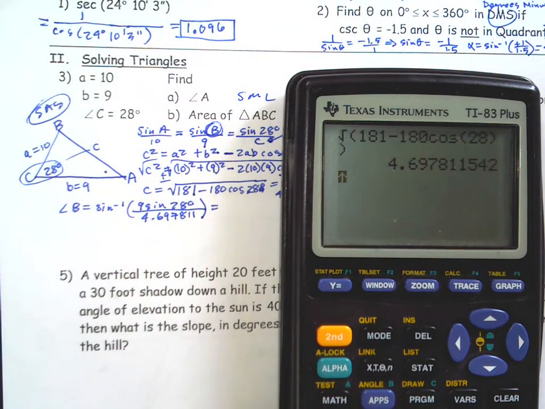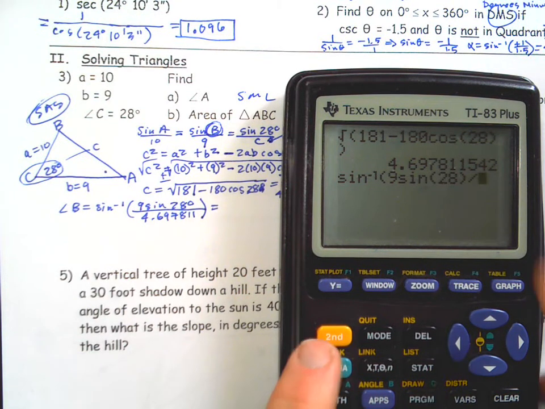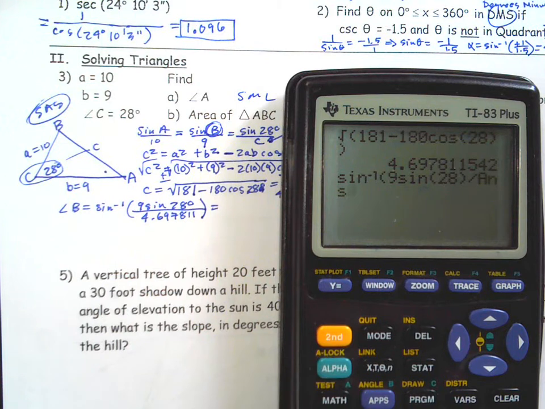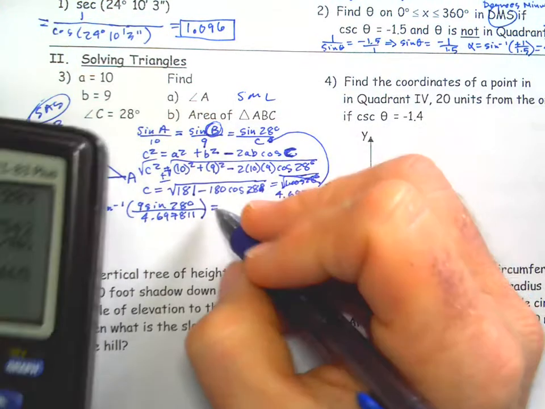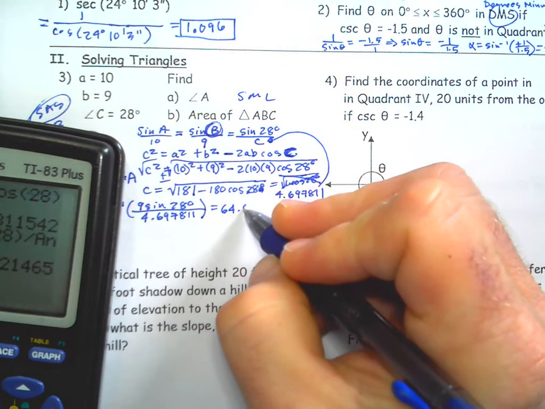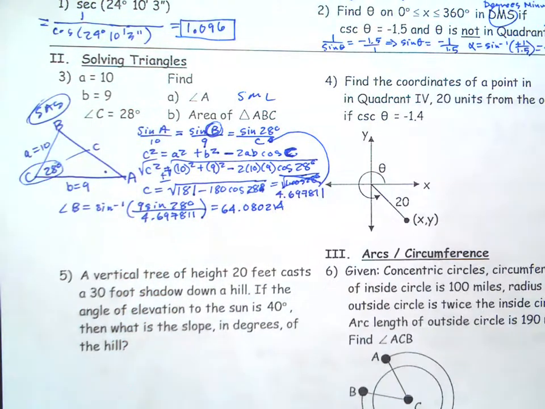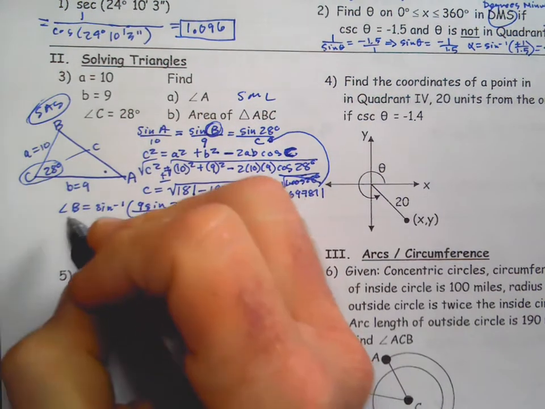So inverse sine of 9 sine 28 divided by, in fact, I can just divide by the previous answer. So I don't even have to type these in. Okay. And I get 64.080214.